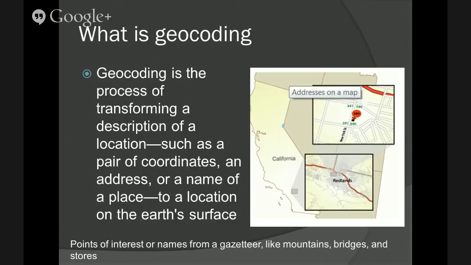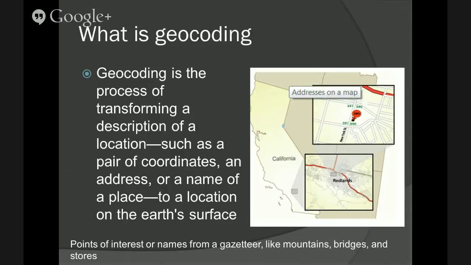Okay, so to start off, let's talk about what geocoding is. I want you to think of geocoding as the process of transforming a description of a location. For example, we could have a pair of coordinates, an address such as 115 Main Street, or a name, for example Radford City, or it could even be a description that refers to a place on the surface of the earth.